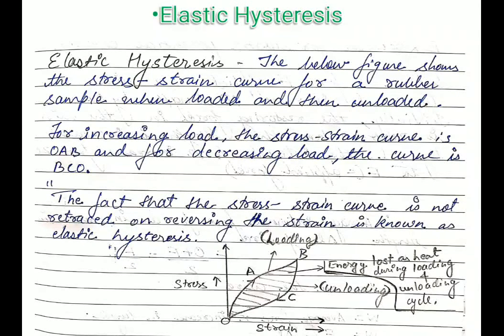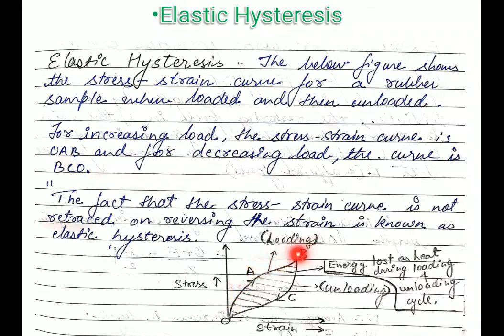So our next topic is elastic hysteresis. Let us see what is elastic hysteresis. So students, you can see the figure below that shows a stress strain curve for a rubber sample, which is loaded and then unloaded. And you can see here for increasing load the stress strain curve is OAB.